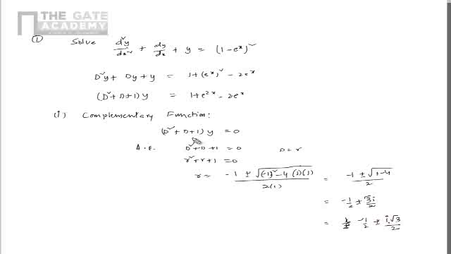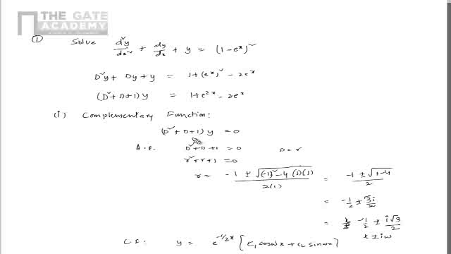So you have complex roots, therefore the complementary function is e power kx times, if the roots are k plus or minus i omega, c1 cos omega x plus c2 sin omega x.